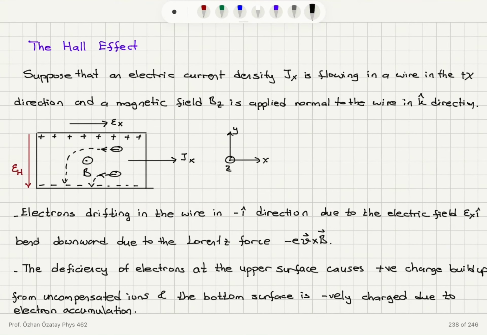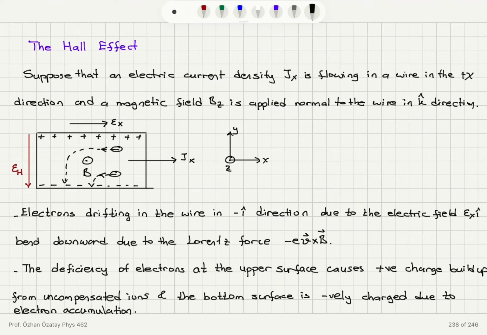Now, the other important effect is the Hall effect. We apply an electric field and a magnetic field to a slab of metal, so that we have an electric current density Jx flowing in the plus x direction, and a magnetic field Bz that's applied normal to the wire in the k hat direction.